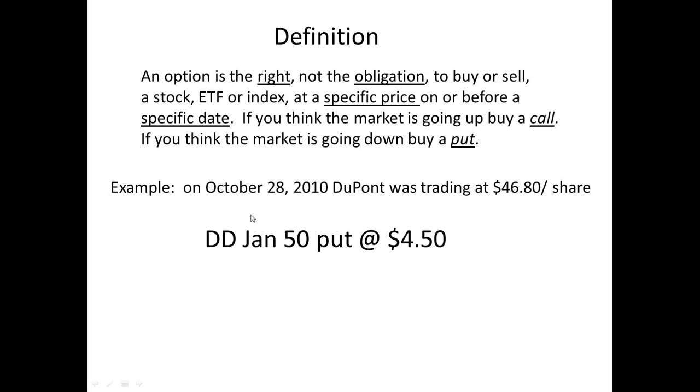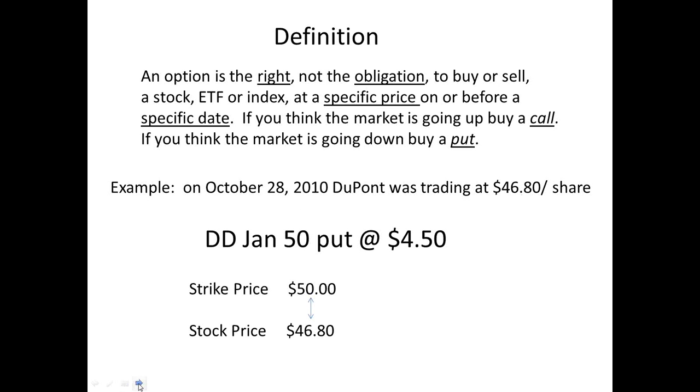So basically what you've done is you've gone out approximately 3 months to January, so you have the right to convert this for 3 months, that's the specific date, at $50 per share. That's the specific price.